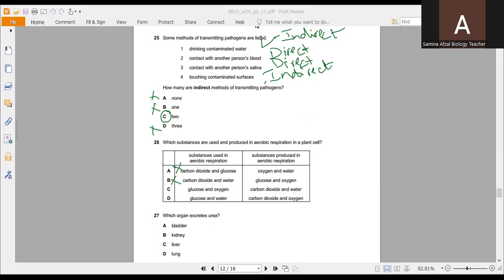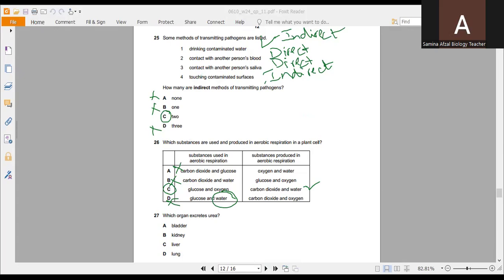And C, the substance used here, that is the glucose, is broken down by the oxygen, and as a result of this, the carbon dioxide and water are produced. So C is the correct option. D is glucose and water. No, water is not used, water is produced as a result of respiration. So D is again not the correct option. Only C is the correct option.